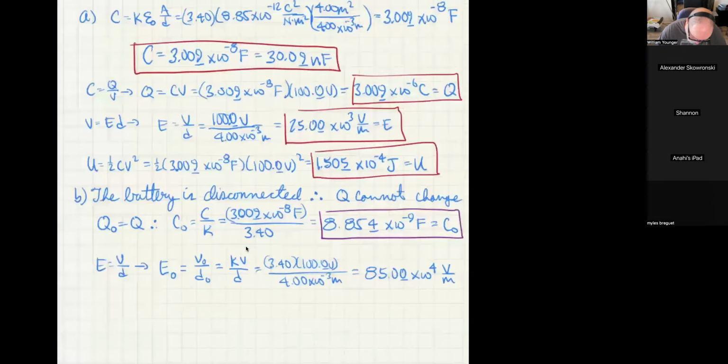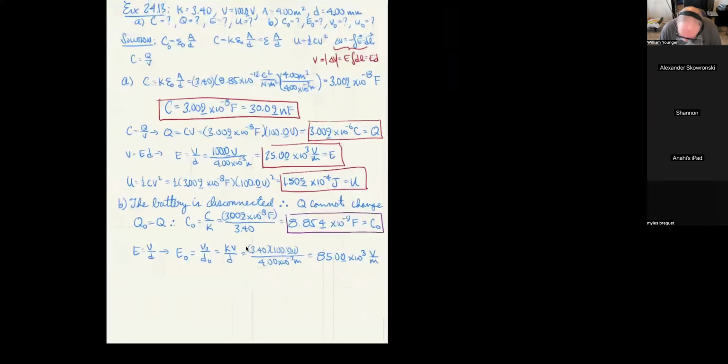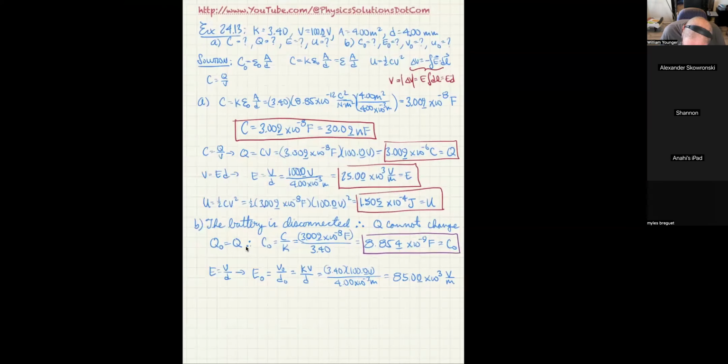So let me fix that real quick. I was doing that math in my head, and you can see the problem associated with that, obviously. So that's supposed to be equal to the new electric field, which we're going to call just plain E0, because this is the electric field with no dielectric.